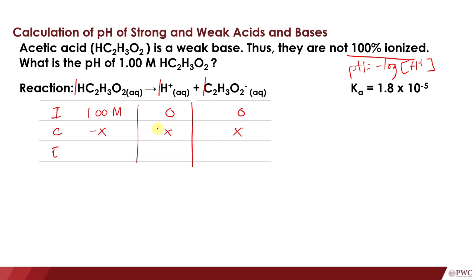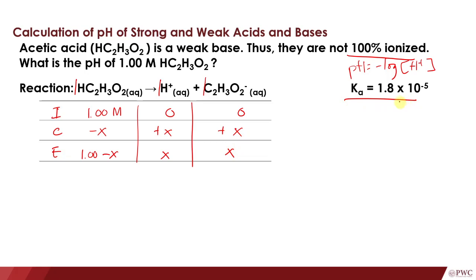Then here we have plus and then plus. Again, this is 1x, 1x, 1x, based on the balanced chemical equation. Then here we have the equilibrium concentration, the sum of the initial and the change. That's 1 molar minus x. Then here we have x, and here we have an x.